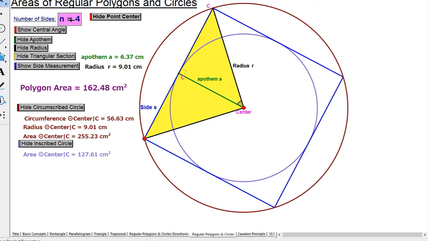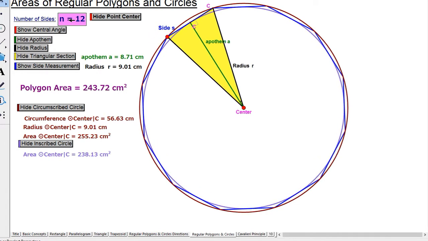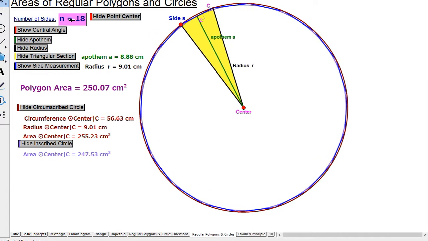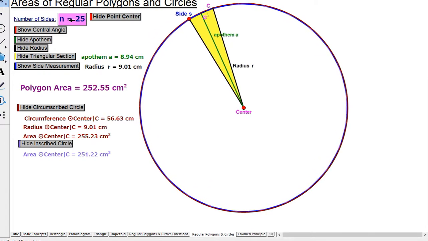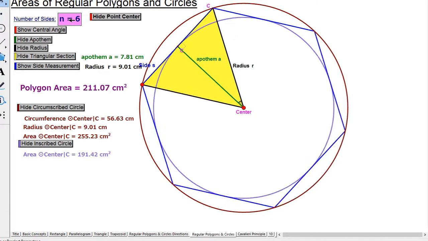And the polygon has a smaller area than the circumscribed circle. But what happens as we let n get bigger and bigger and bigger? These things get closer and closer and closer to the same area. Okay? At some point, it's very hard to tell the polygon apart from the circle.